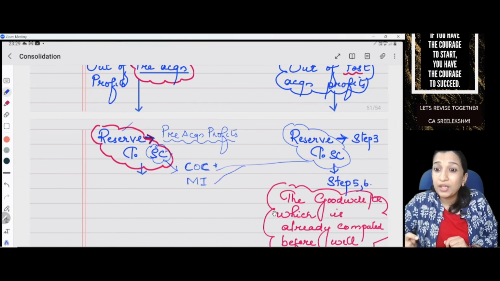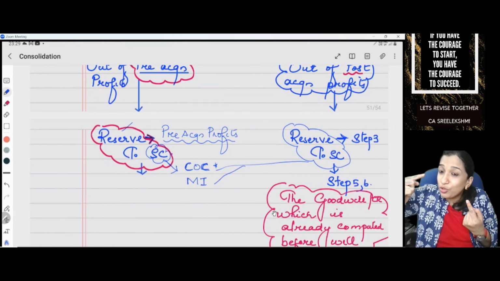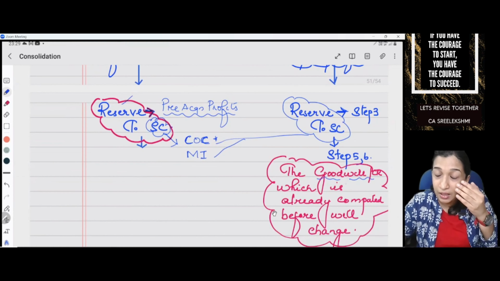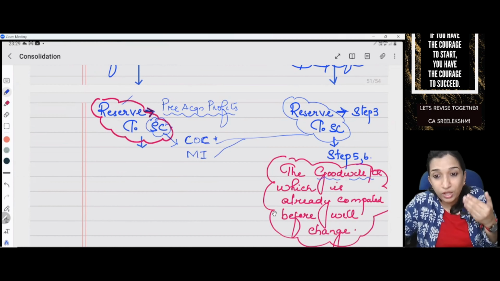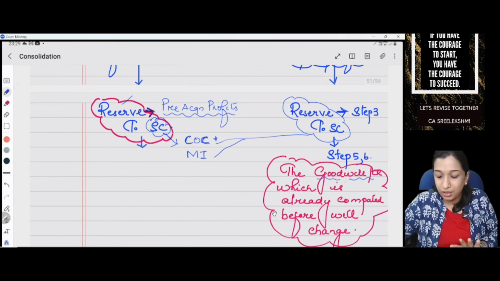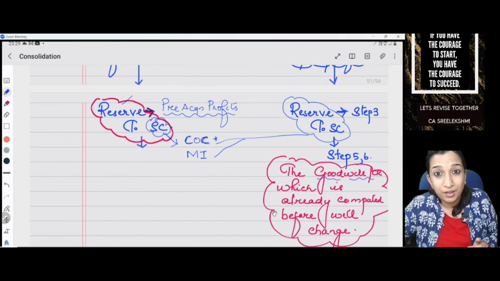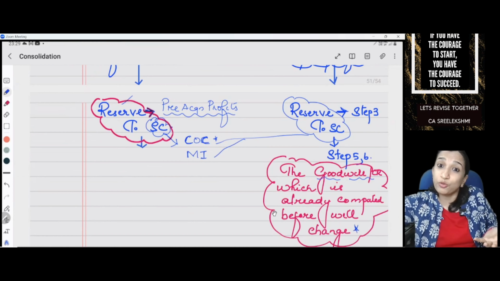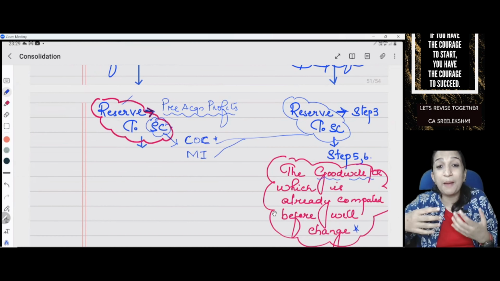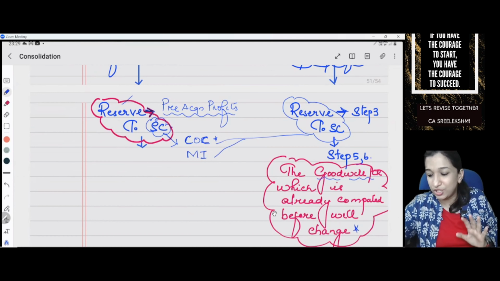But remember, when you increase the share capital out of post-acquisition profits, the goodwill or capital reserve which you have already computed will change, because that share capital is not out of pre-acquisition profits. The share capital increases out of post-acquisition profits, so the goodwill or capital reserve computed in the previous years will change.